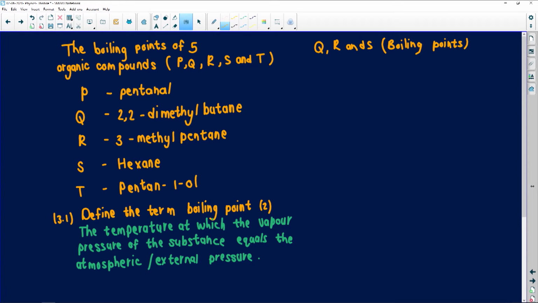Now number 3.2, put it in brackets, it says, give a reason why this is a fair comparison. Give a reason.